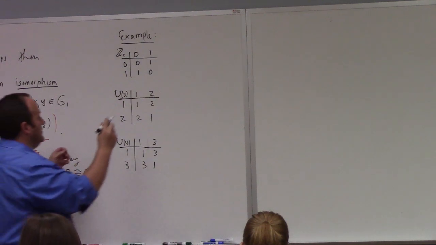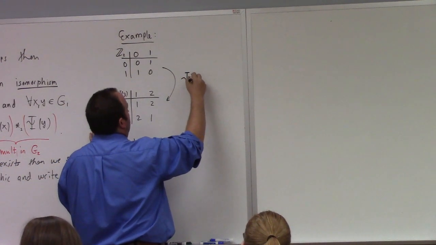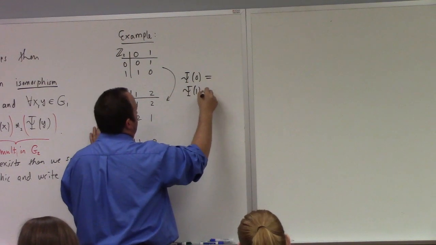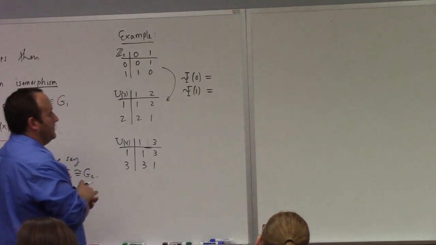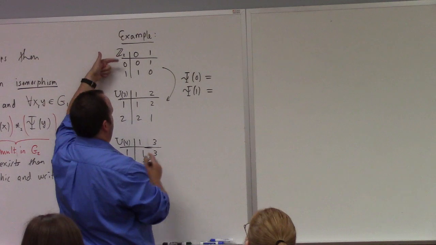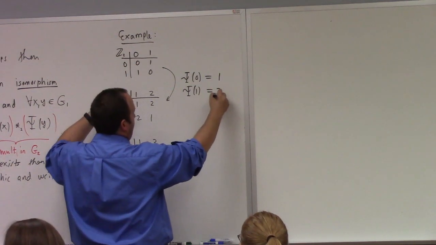And in fact, you can show that if you set psi of 0 equal to what and psi of 1 equal to what? What should 0 map to keep the pattern the same? 0 should map to 1. 1 should map to what? 2.